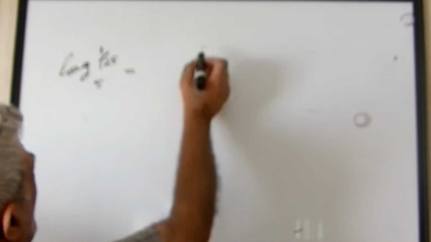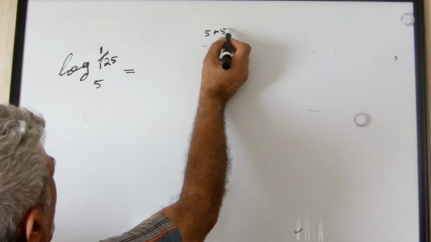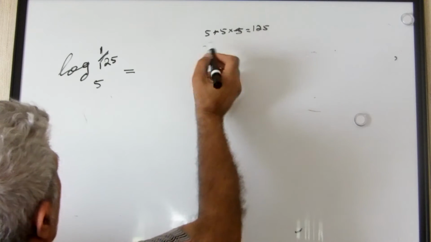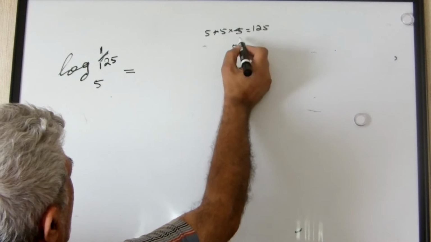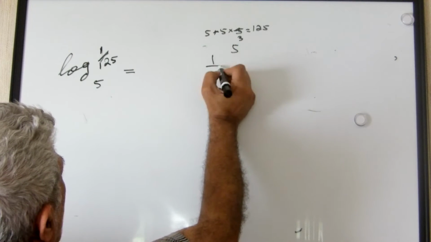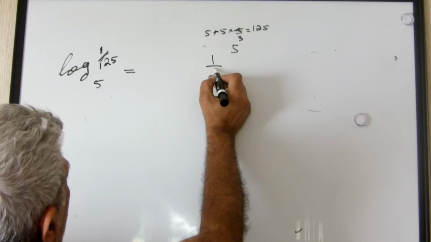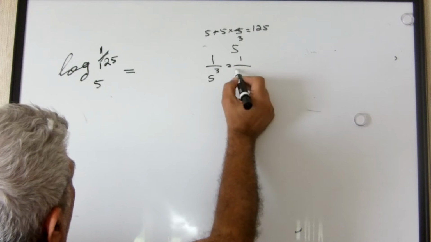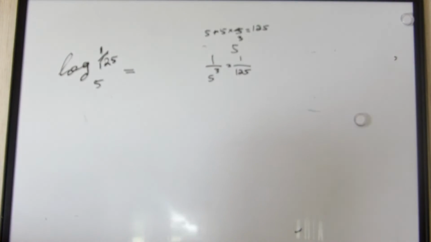See, you learn that this is 5 times 5 times 5 is equal to 125. Okay, so you know that this has a 5 to the power of 3. So actually it's going to be 1 over 5 to the power of 3, 125. Okay.